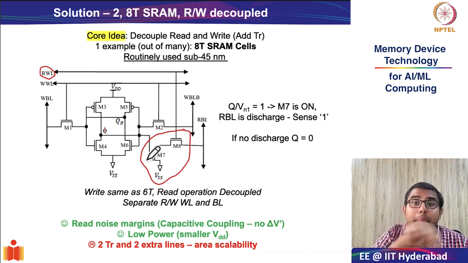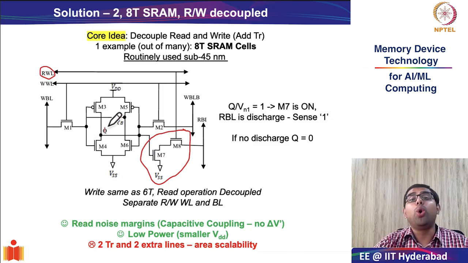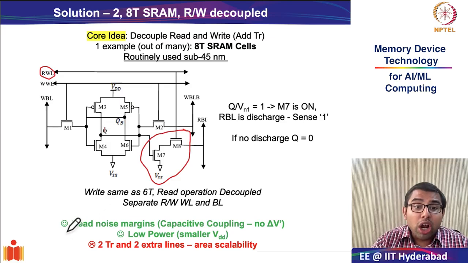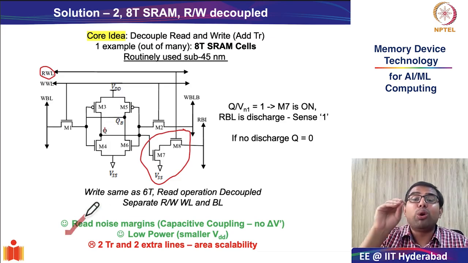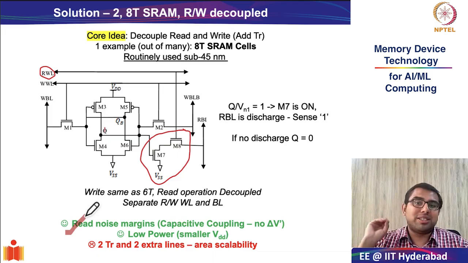And once it is capacitively coupled to the gate of M7, even during read operation, there is no current which actually flows through this internal node Q, and therefore there is no read disturbance. And since there is no read disturbance, your read noise margins are as close as your hold noise margins.